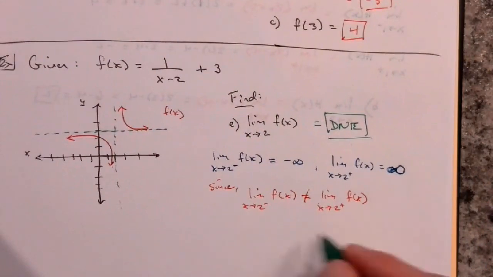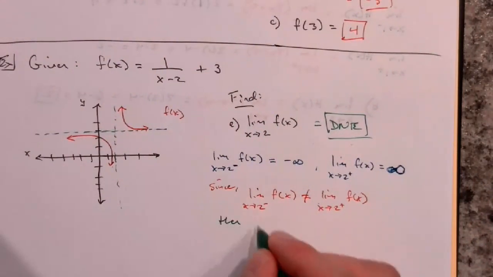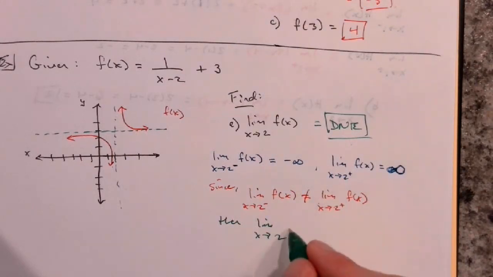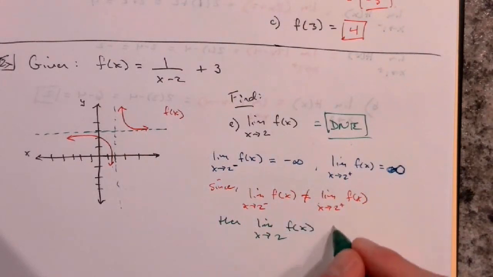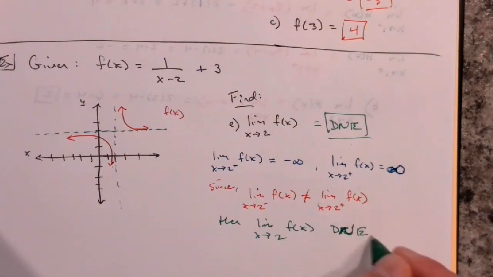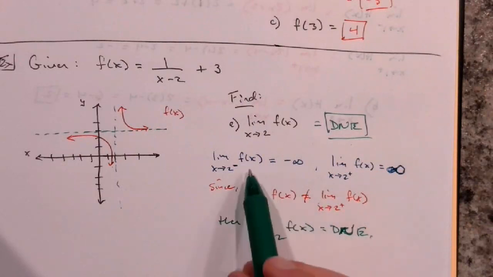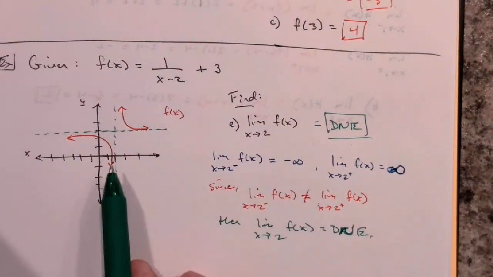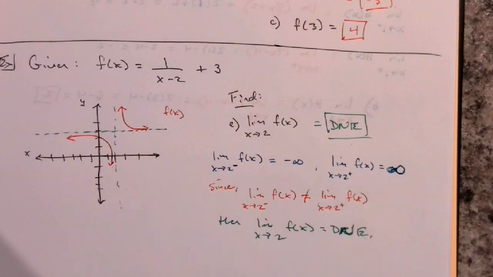All right, so then we say the limit as x approaches 2 of f of x does not exist, because it has to be the same from the left side and the right side. Now you can do that pretty quickly by looking at it, but I want to know the explanation so I understand that you understand what you did.